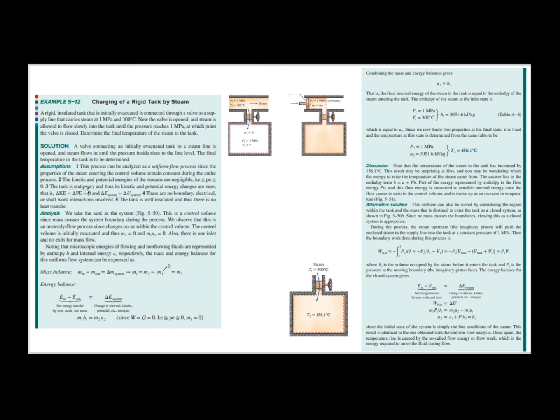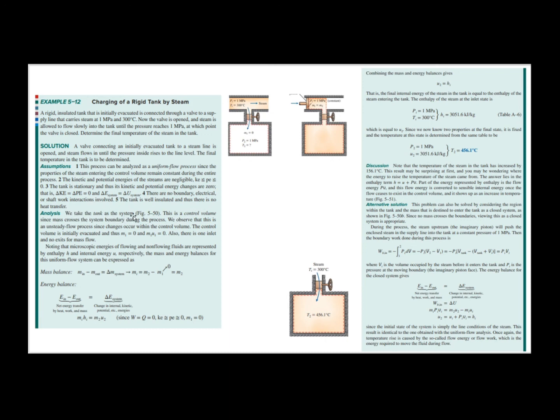The tank is stationary, thus its kinetic and potential energy changes are 0. That is, delta KE equals delta PE equals 0, and delta E system equals delta U system. There are no boundary, electrical, or shaft work interactions involved. The tank is well insulated, thus there is no heat transfer, so Q is 0.